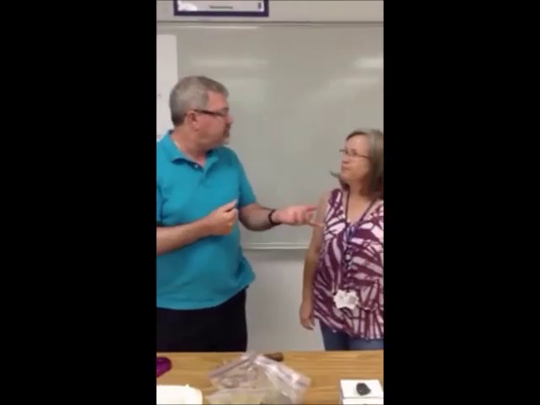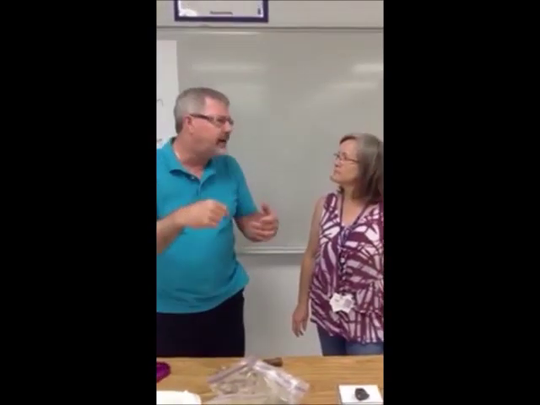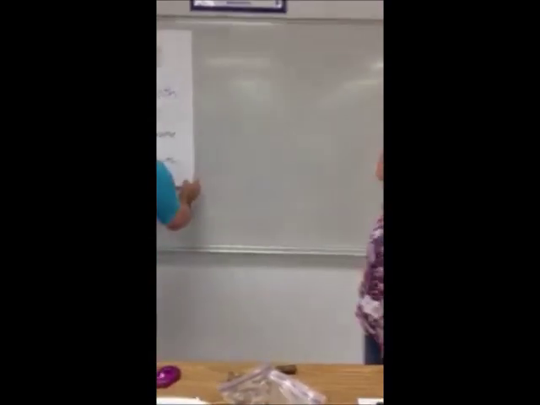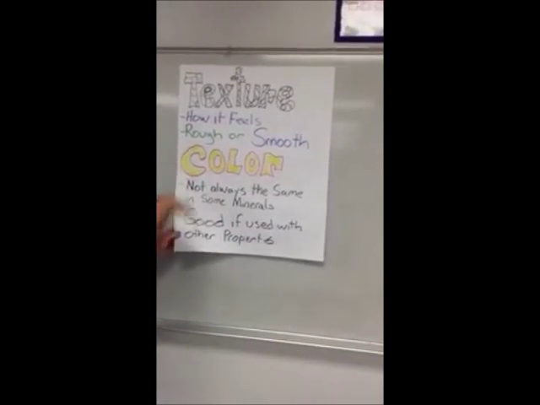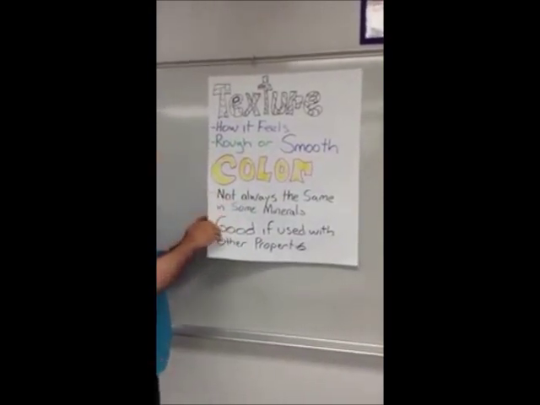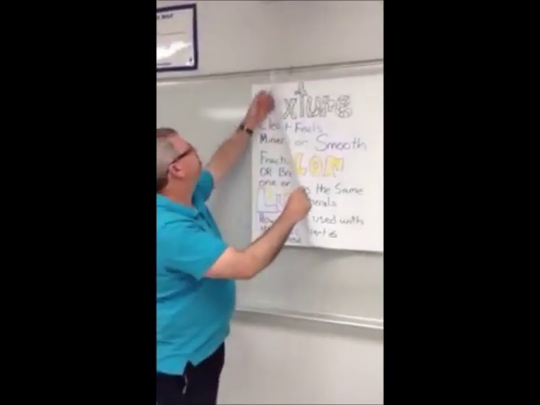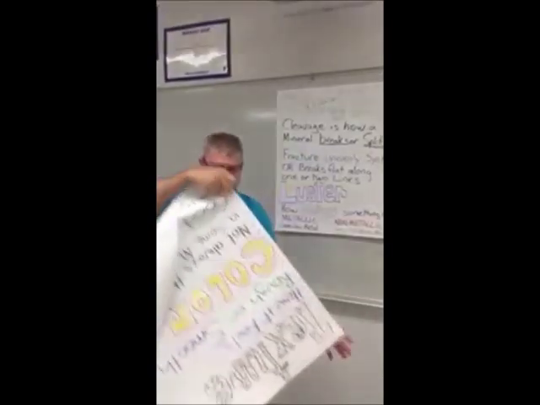True. Diamonds, don't you have black diamonds and blue diamonds, and they are still a mineral? True. So color is really good if you use it with other properties, because by itself, it's not that reliable.